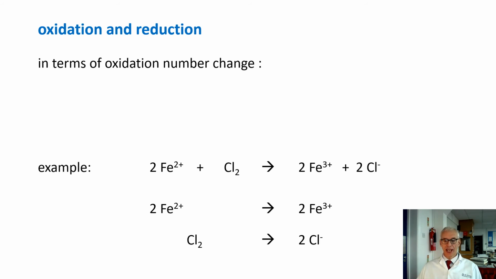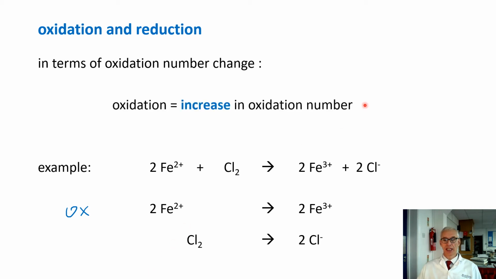If we look again at this chemical change, we can see that Fe2+ increases its oxidation number to 3+. So 2+ becomes 3+. And we said on the previous slide that that was oxidation. So we've got a way of defining oxidation as an increase in oxidation number.